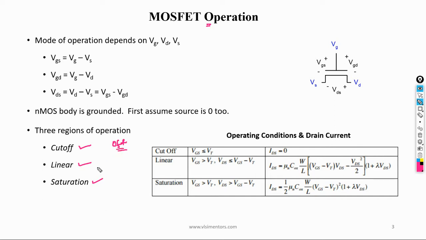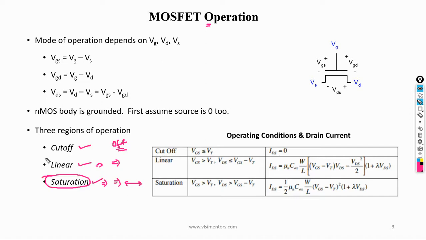When you say linear, the transistor is in operating condition, but the charging is happening. When I say saturation, it is still in on mode, and charging is already done. That's the basic thing. So it's basically three conditions: saturation, cutoff, and linear.